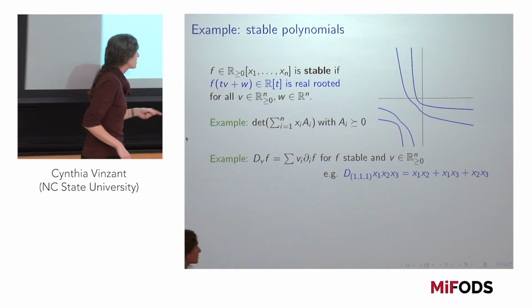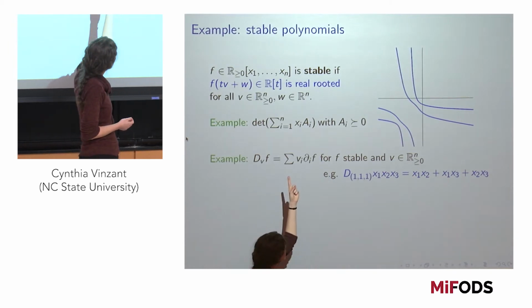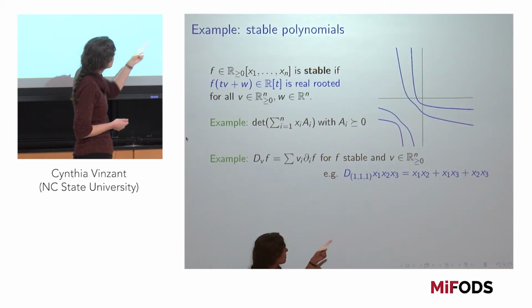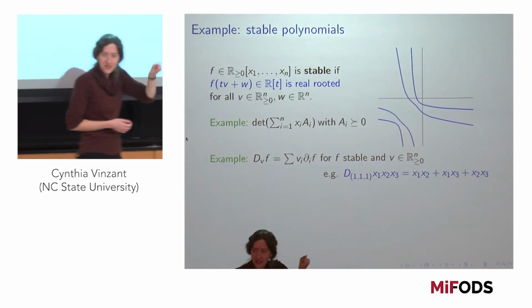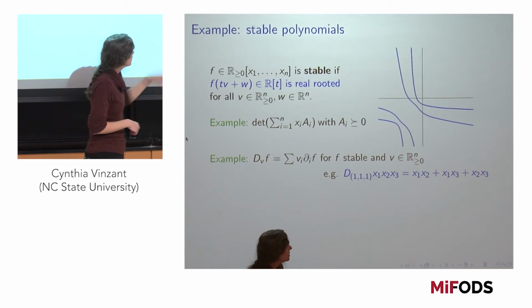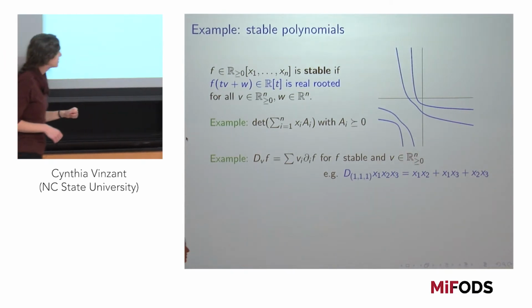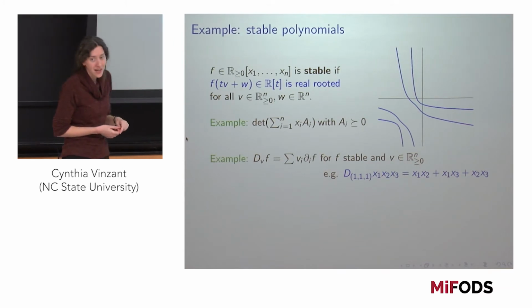So for example, you can check that just the product of all the variables is stable. And if you take a derivative of it with respect to the all ones vector, just sum up the derivatives with respect to each variable, this shows that this nice little quadratic is also stable.